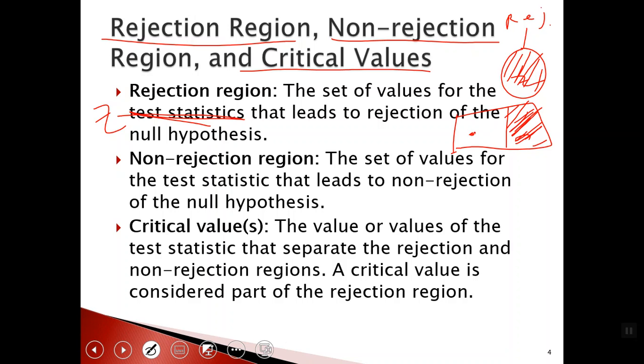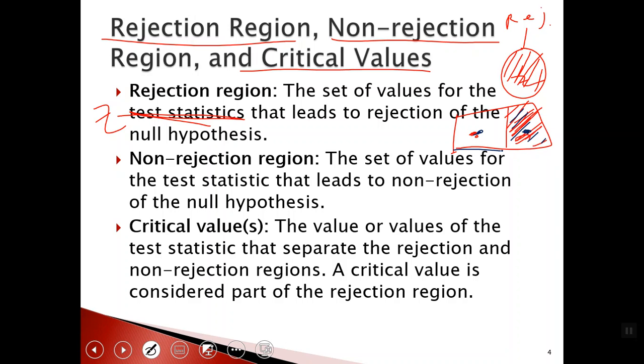If I have a value here, and a value here, let's say, give me a second, I'll use another color. These are the values I'm considering. In this case my value is inside this rejection area.